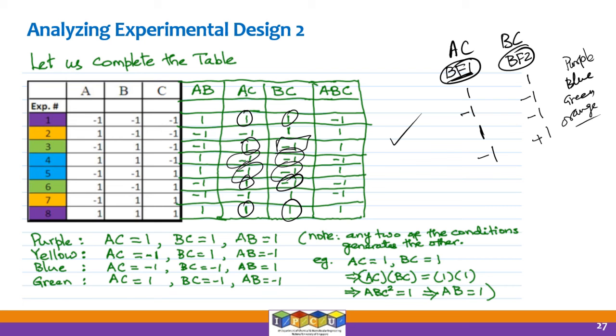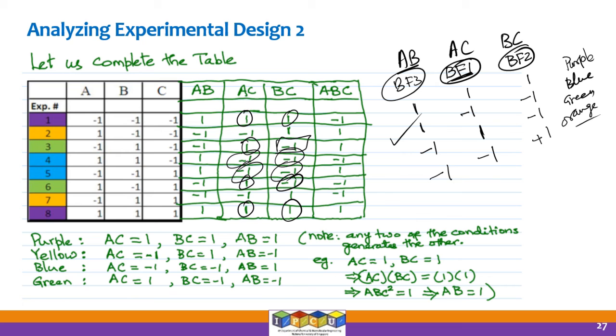Now, interestingly, AC and BC will interact to give you the third derived blocking factor. AC multiplied by BC will be ACBC, which is ABC squared, which is equal to AB. So this is going to be BF3, the derived quantity. This is going to be 1, this is going to be 1 again, this is going to be -1 and this is going to be -1.